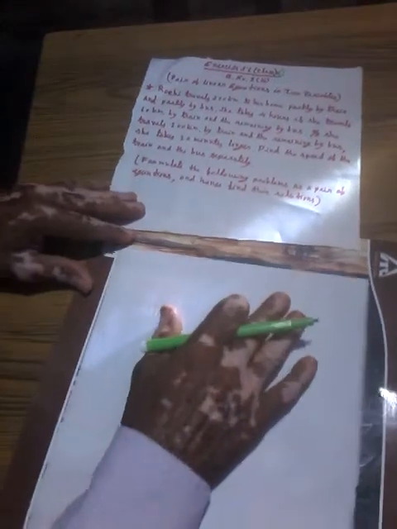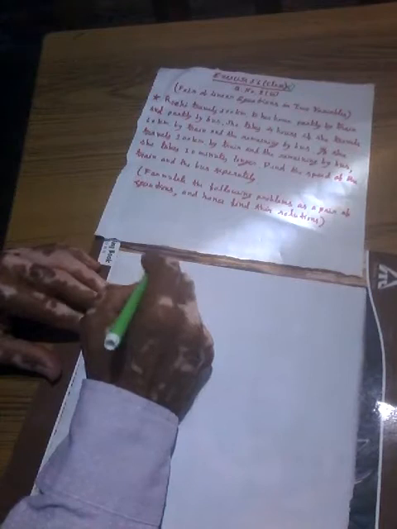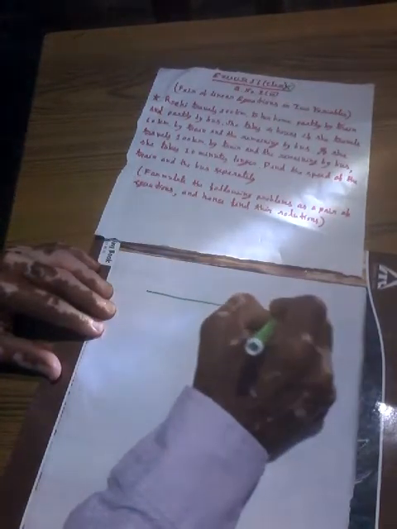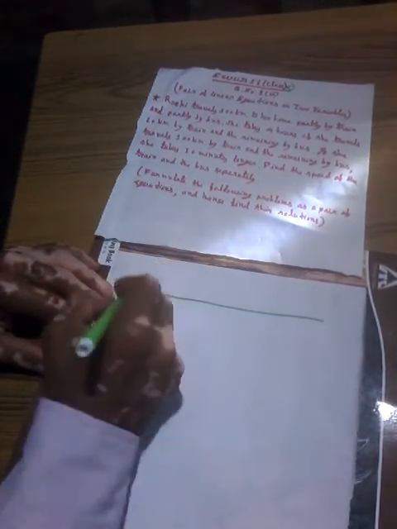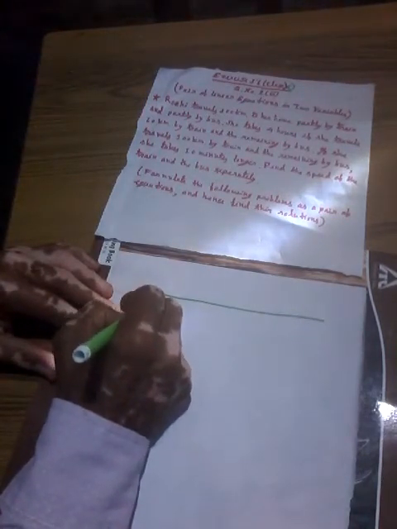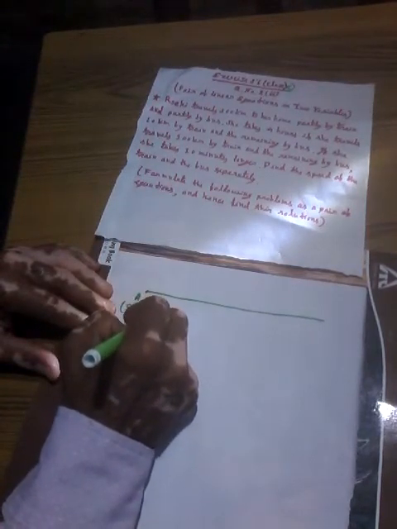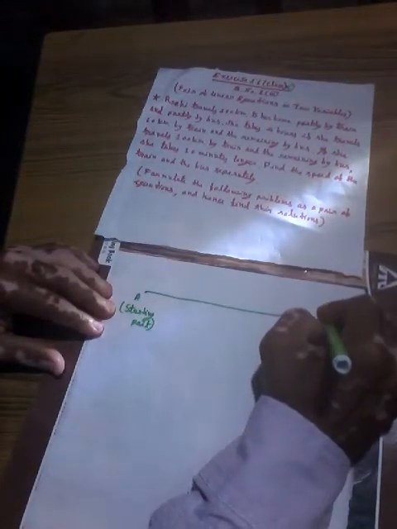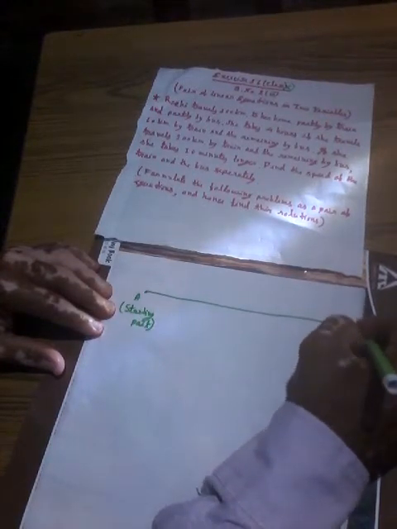Now let us understand the question. Let A be the starting point, and B be the point which is Rochi's home.